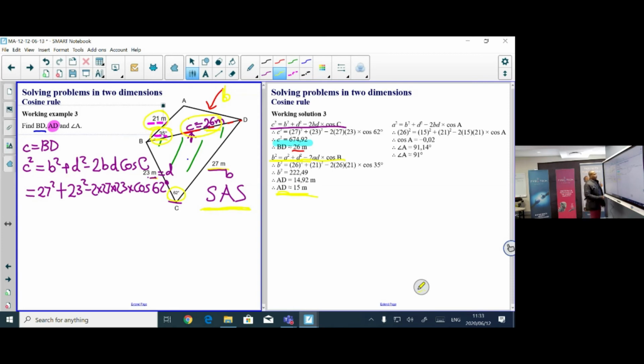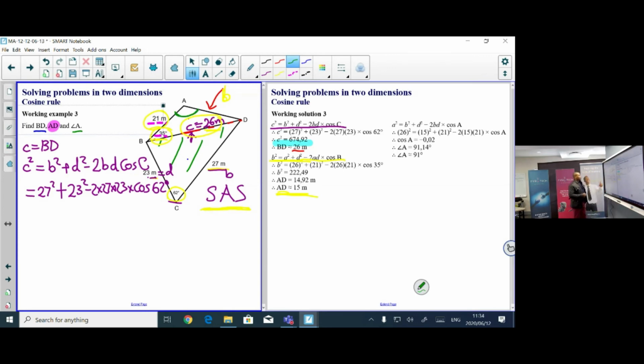Our diagram is quite busy, having a lot here, but you should still be able to see that we are looking for this angle here.